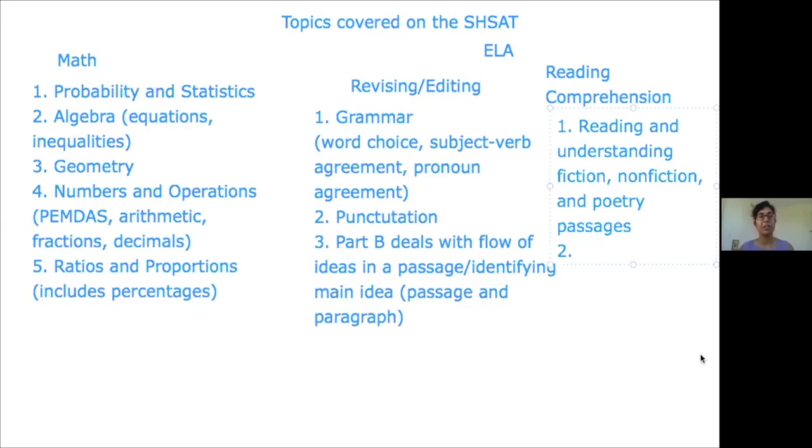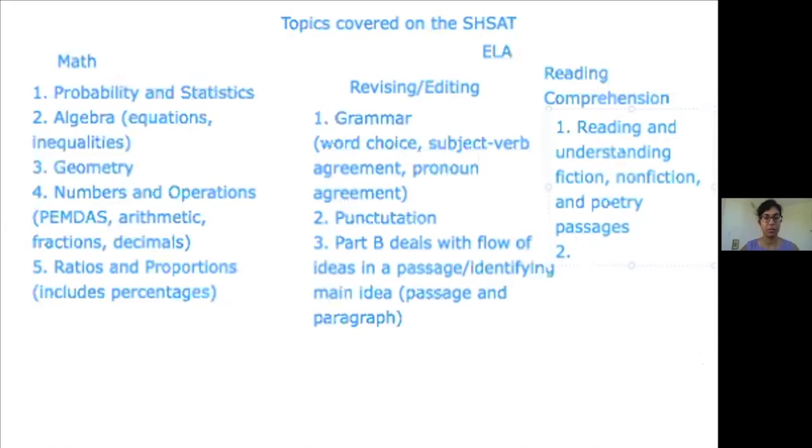So I like to talk of it in terms of zoom in and zoom out. You need the zoom in skills where you can find evidence, right? And use it to pick the best answer. And you need the zoom out skills where you can comprehend the passage as a whole and understand what the main idea of the whole passage is.